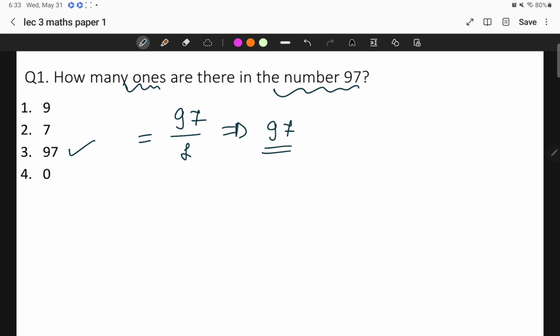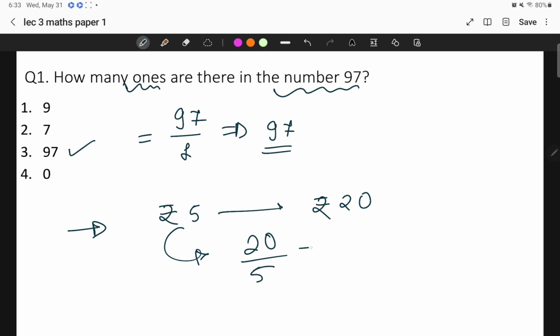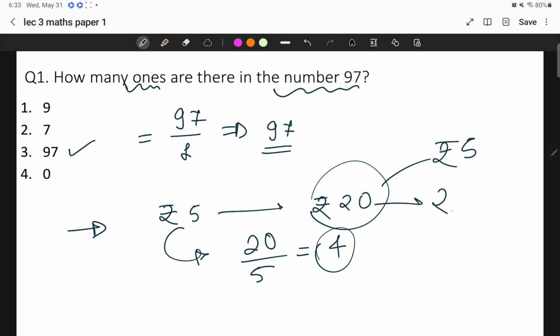Whenever we have to calculate ones for any given number, simply divide it by 1. For example, if I ask you how many 5 rupees are there in 20 rupees, what will you do, ma'am? 20 divided by 5, that is, there are 4 five-rupees in 20 rupees, that is, we can divide 20 rupees into 5 rupees such 4 times, right?